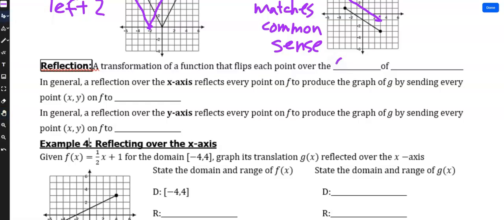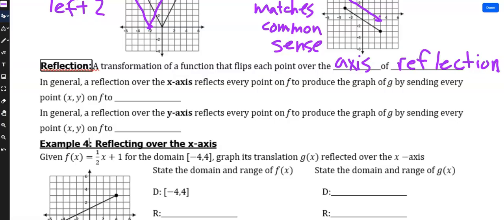I'm guessing that that's what that means. In general, reflection over the x-axis reflects every point on F to produce the graph of G by sending it on every point on F.